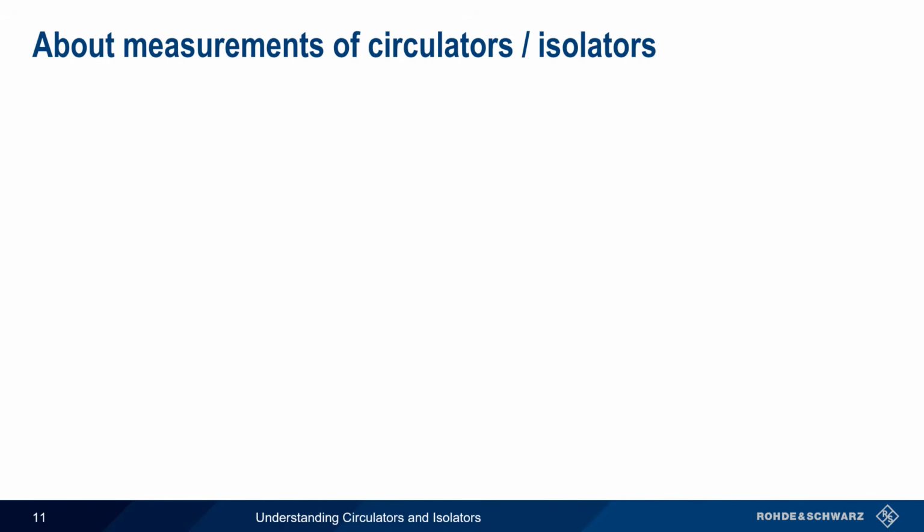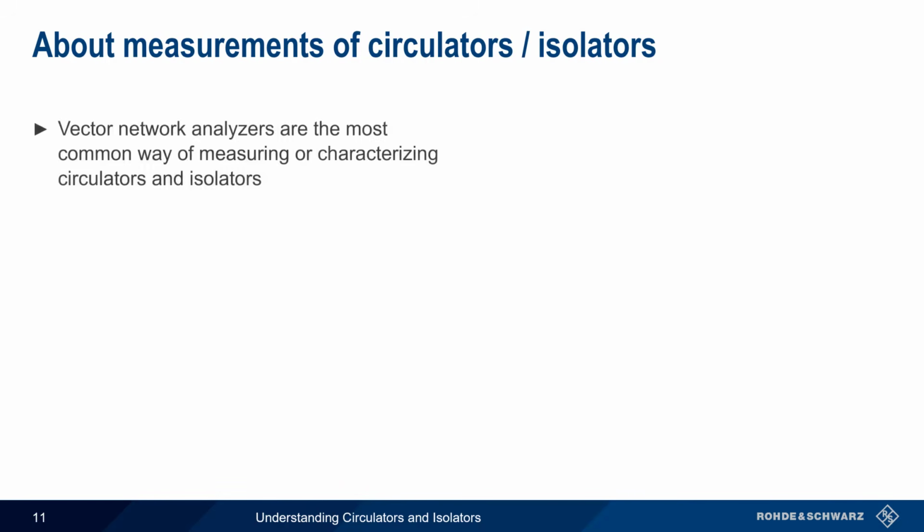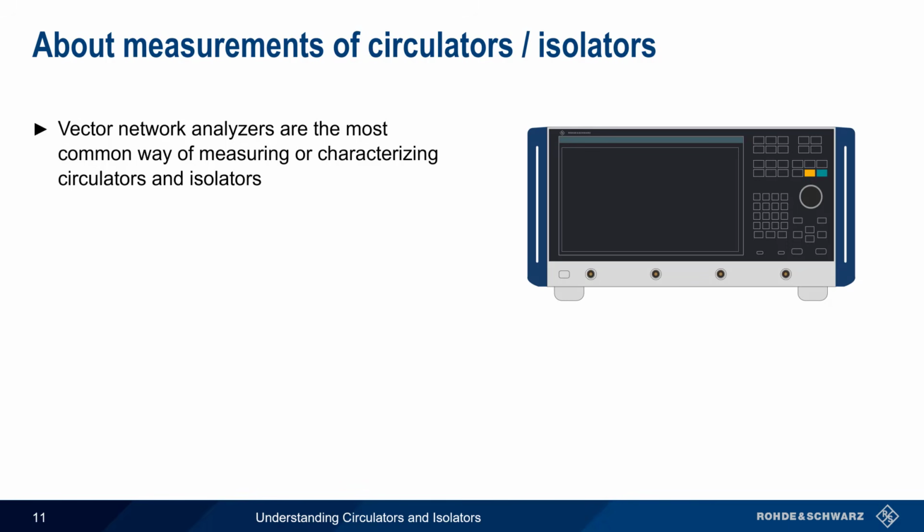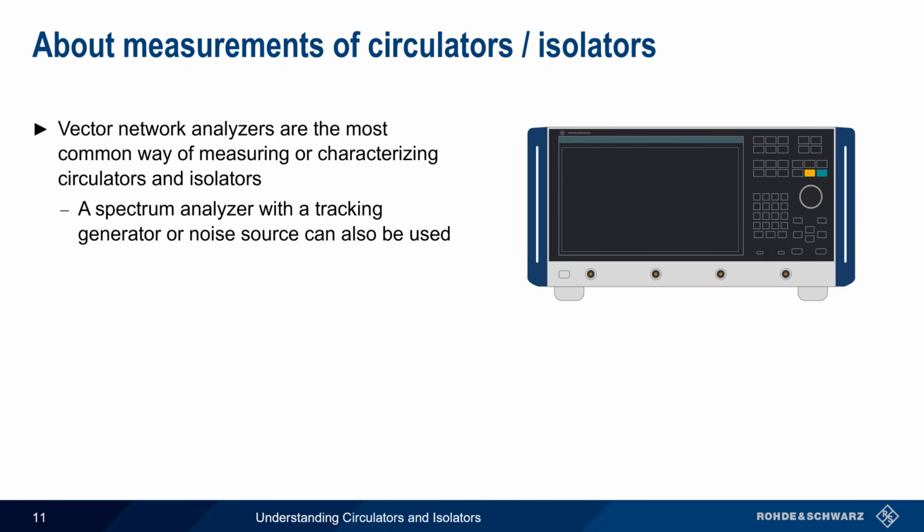Next, let's discuss how circulators and isolators are measured or characterized. Most often, a vector network analyzer is used, since these provide the highest accuracy and flexibility when measuring multi-port devices or networks. Note, however, that a spectrum analyzer with a tracking generator or with a broadband noise source can also be used.